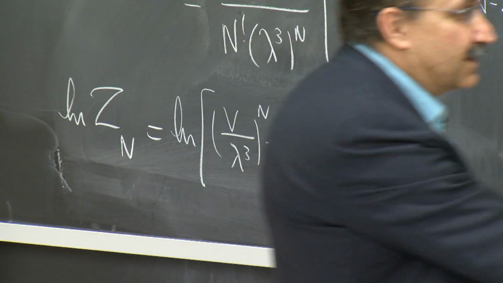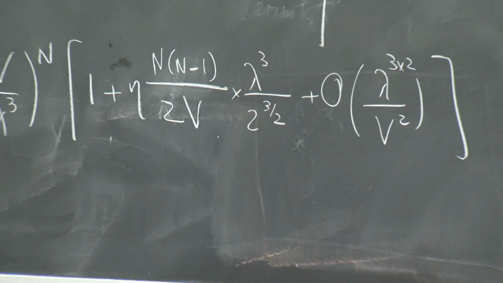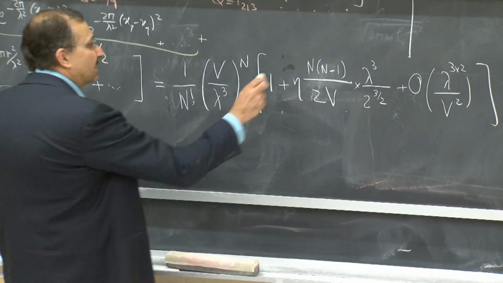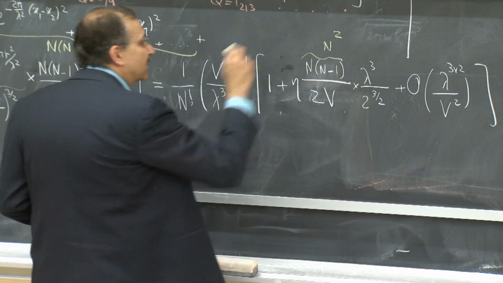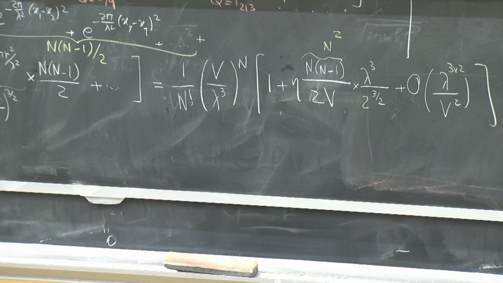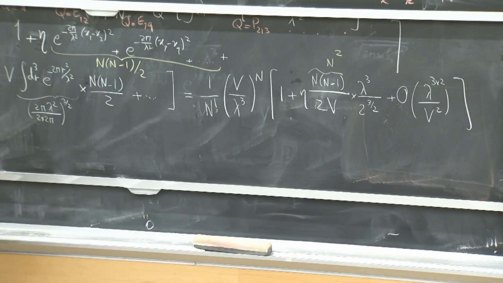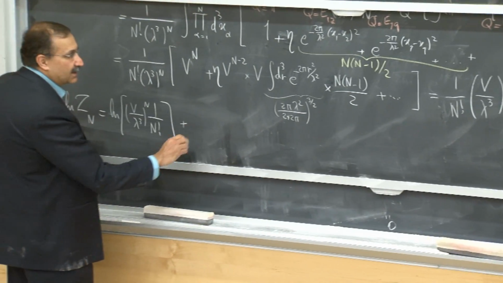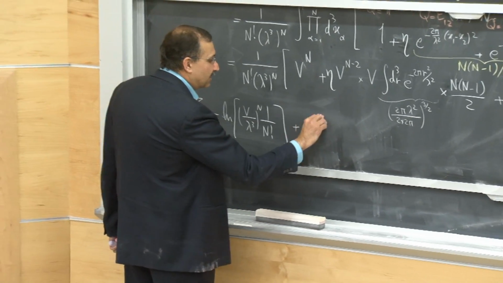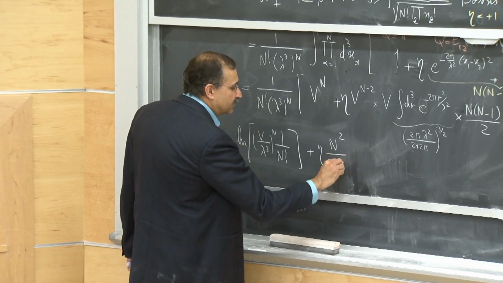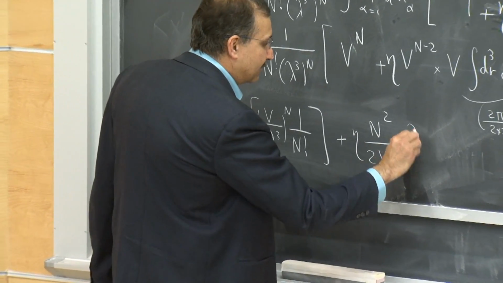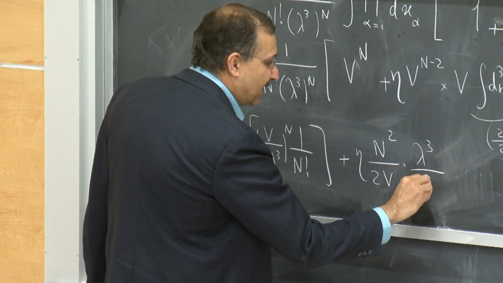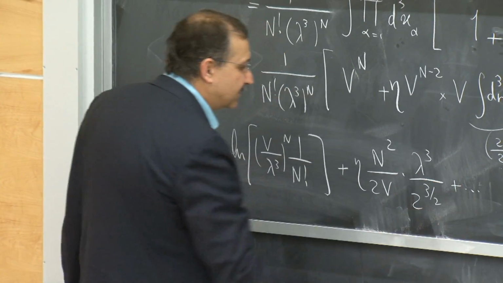And then the log of this expression. And this I'm going to replace with n squared. There's not that much difference. And since I'm regarding this as a correction, log of 1 plus something, I will replace with the something: eta n squared lambda cubed over 2v times 2 to the 3 halves, plus higher order.